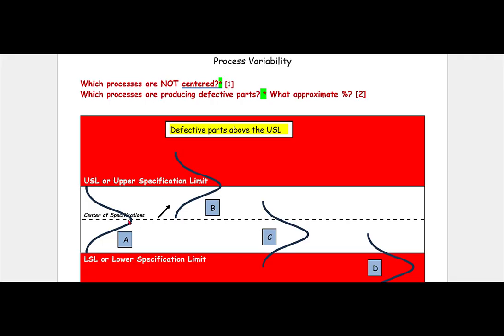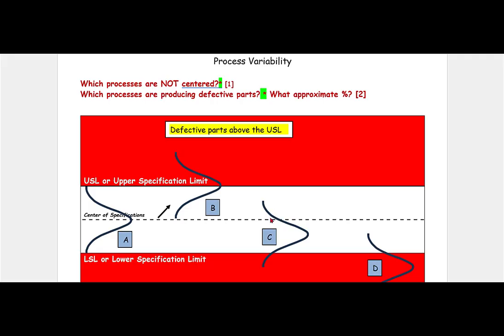Centering only has to do with where the middle point is with respect to this dashed line. So this one is centered. I don't care whether or not the tails fit within the white zone, as long as this center is centered. This one is not centered. We are making 50%, which is half the area under this curve, bad product.